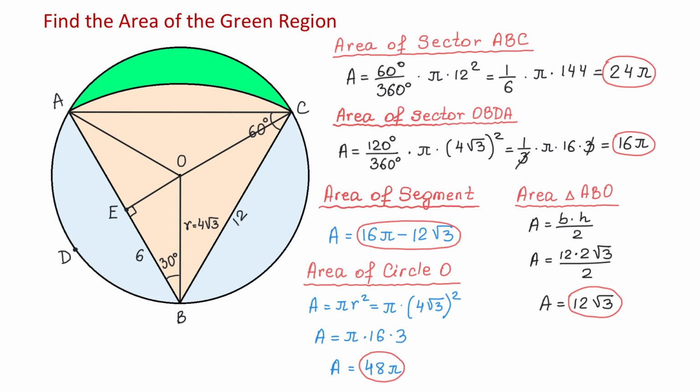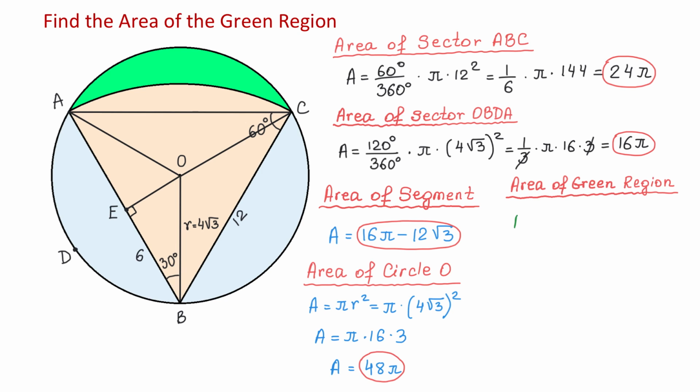Now, once we know the area of the entire circle and the areas of these two segments and the area of the sector ABC, then we can find the area of the green region by subtracting these three areas from the area of the circle.